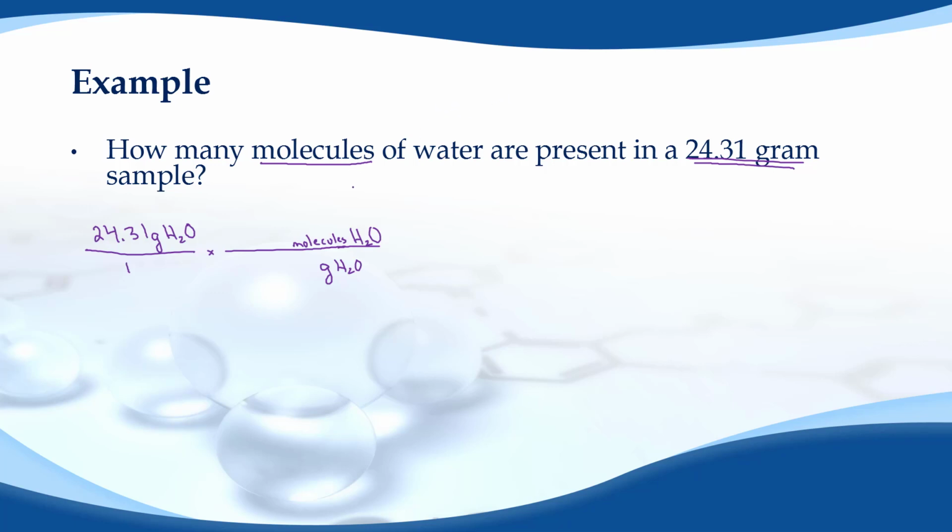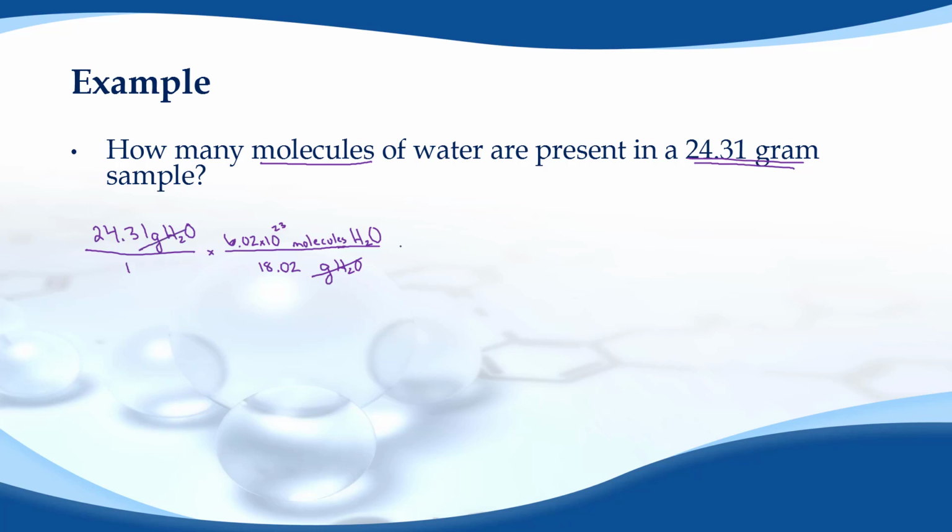Now I plug in my conversions. For my molar mass, H is 1.01, but there are 2 of them. Oxygen is 16. That adds up to 18.02. And for my molecules, I want Avogadro's number, 6.02 times 10 to the 23rd. If it's in the numerator, I multiply. If it's in the denominator, I divide.